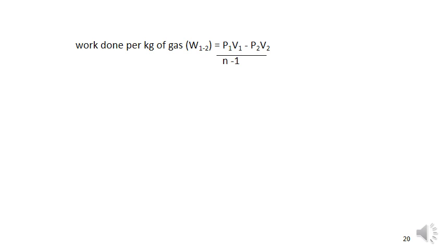So work done is equal to (P1 V1 minus P2 V2) by (n minus 1). We know the P1 value and P2 value, but we don't know the V1 and V2 values directly, and they gave the V2 value as a ratio, but we know the temperatures T1 and T2.